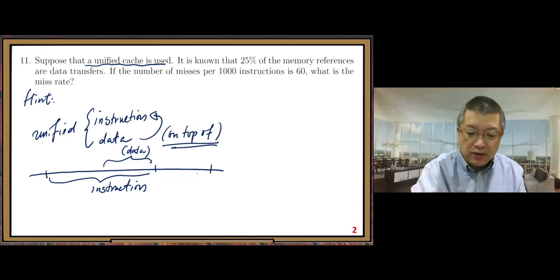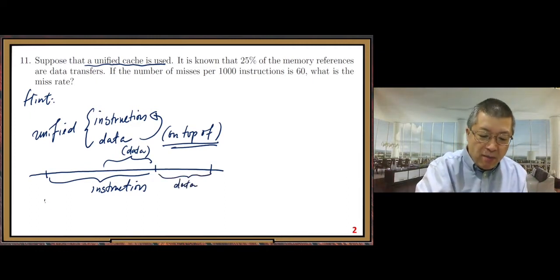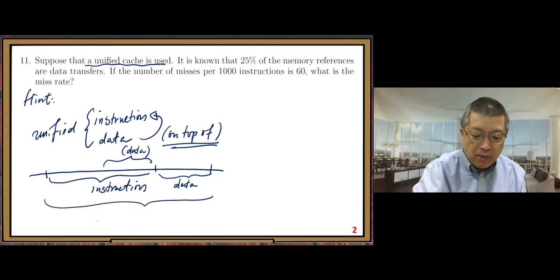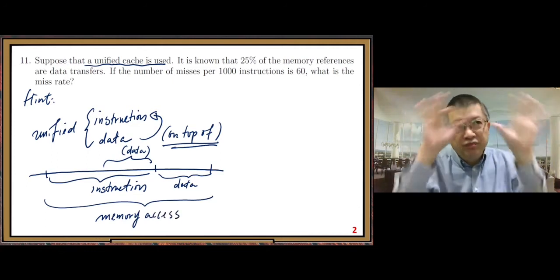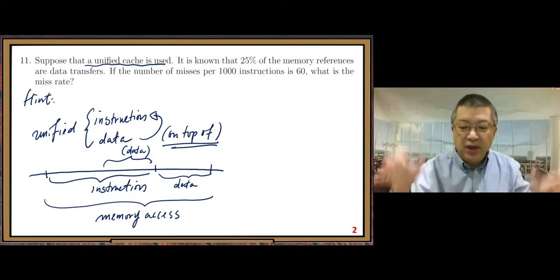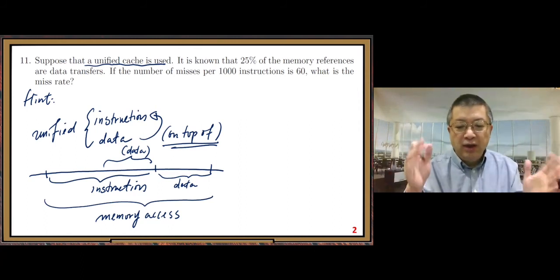So that's the second time, the data access here. When you combine them together, that's the memory access. So that's the background. I just set up the environment, then I can talk about the data here.